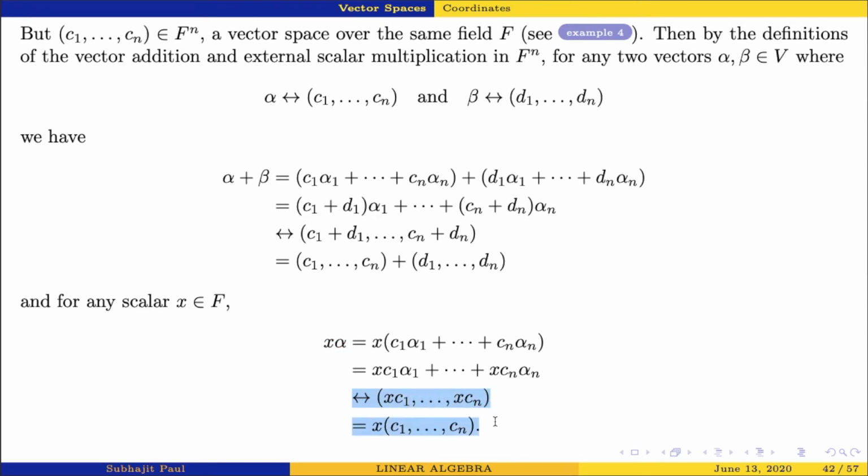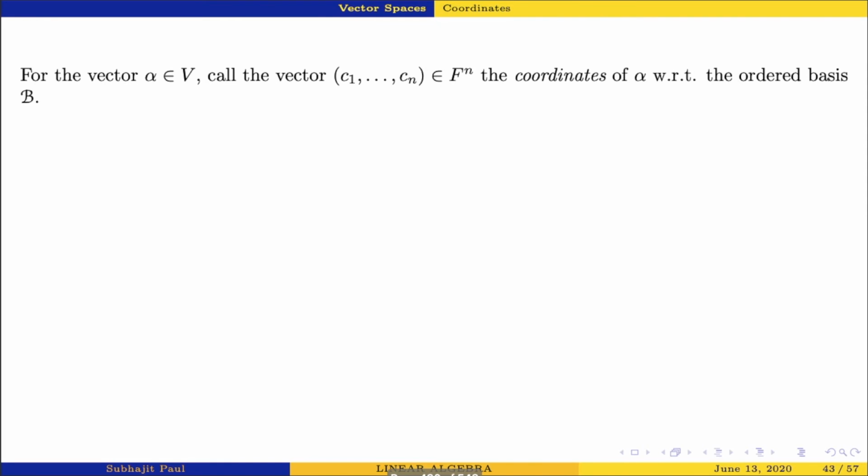So for the vector alpha in V, call this point (c1, c2, up to cn) in Fn the coordinates of alpha with respect to the ordered basis B. Remember, we need to fix the basis first before we move to any discussion of this sort.